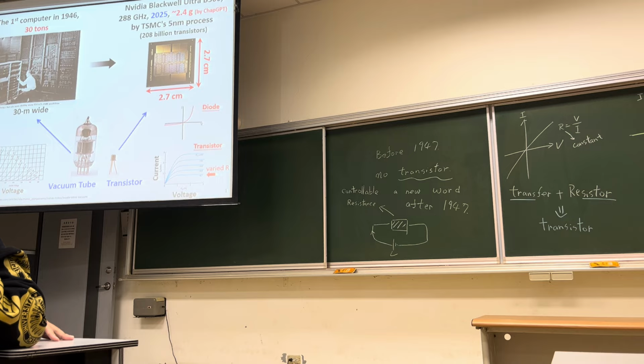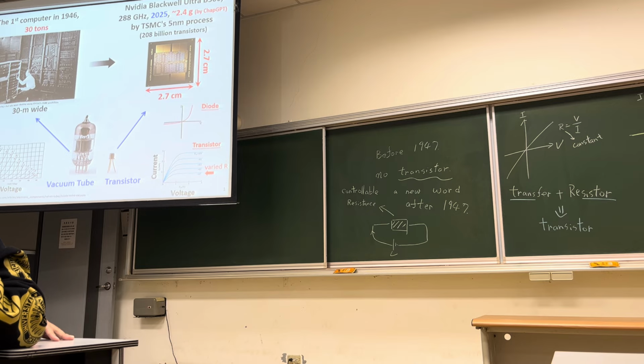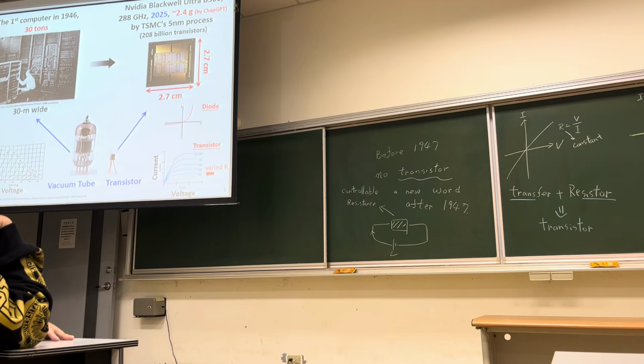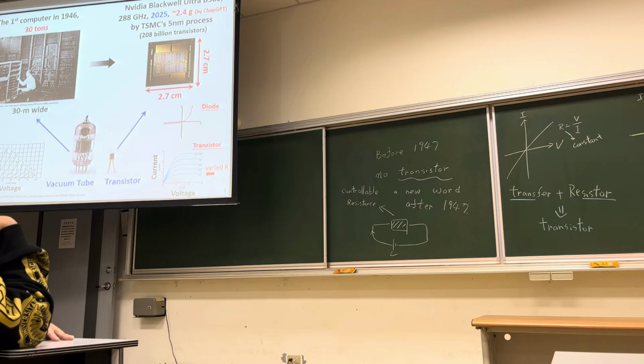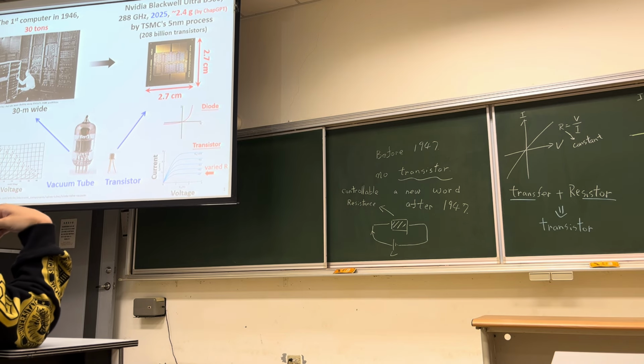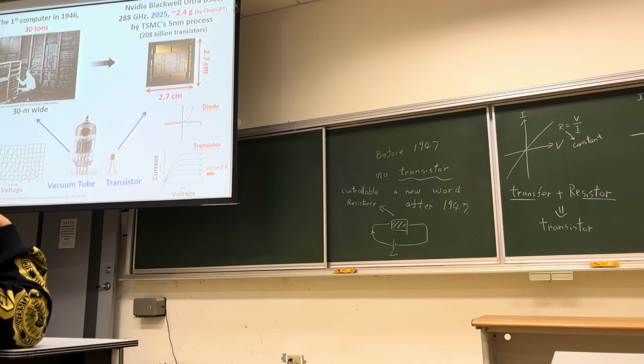So for this one, R is not a constant. It can be R1, R2, R3, R4, and very easy to control. You can change the voltage applied to the third terminal and then give you a very different but stable resistance.